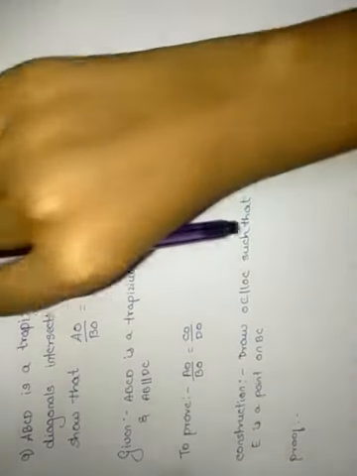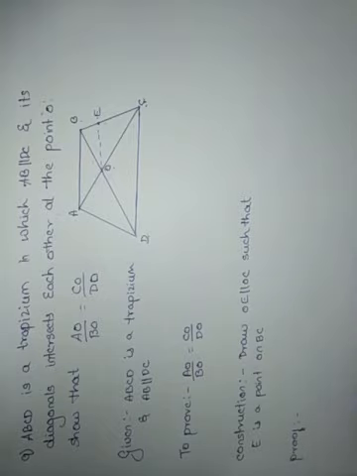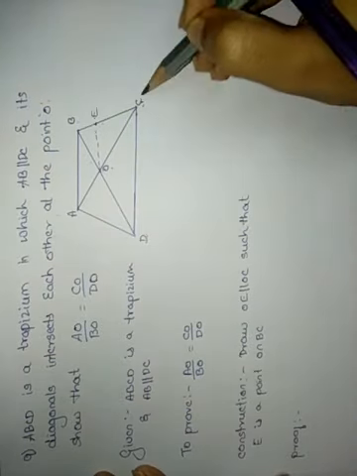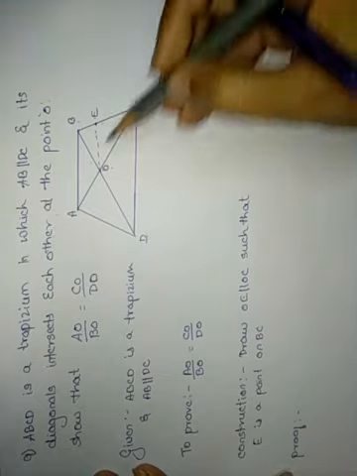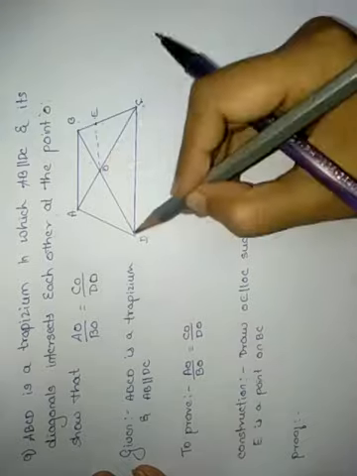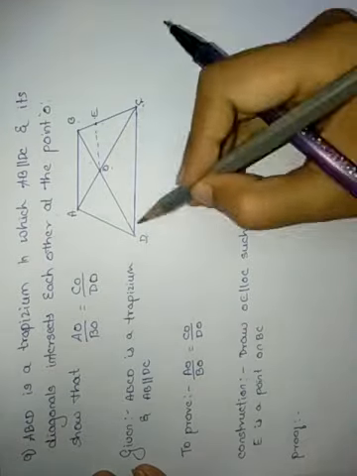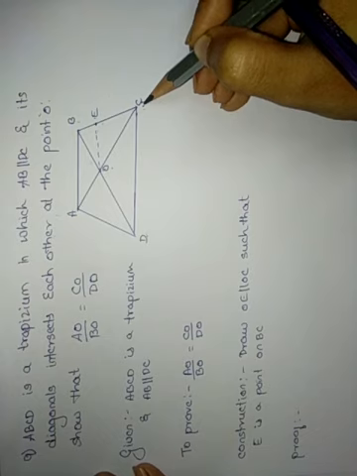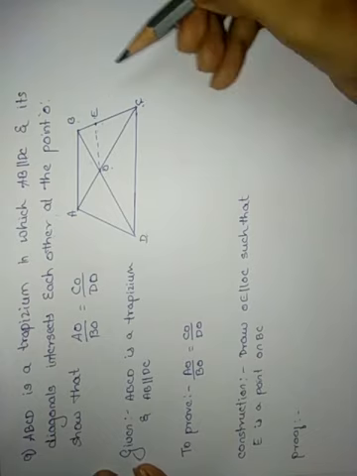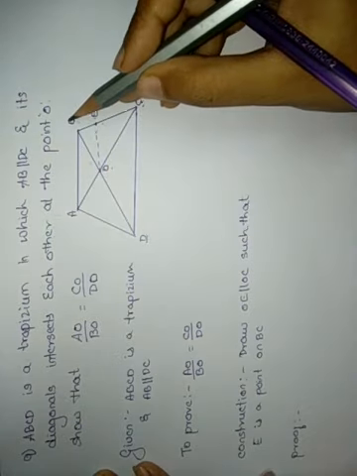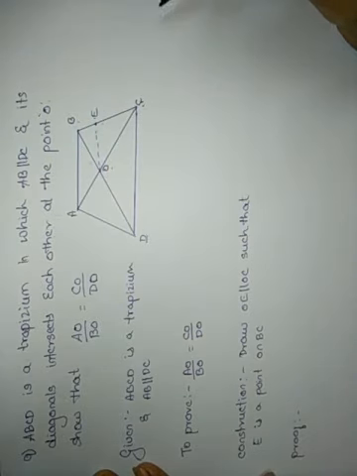You can see here I will take a triangle BDC, right? In this triangle BDC, OE is parallel to DC here. If OE is parallel to DC, then by the basic proportionality theorem, we can say that BO divided by OD is equal to BE divided by EC, right?